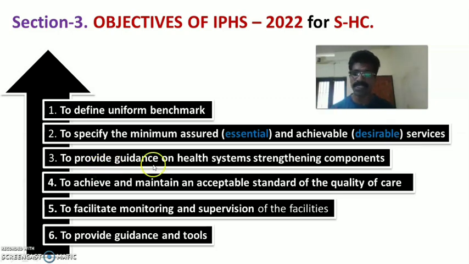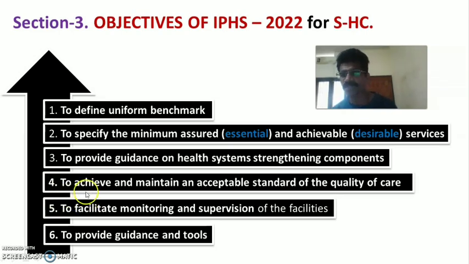Then the third objective is to provide guidance on health system strengthening components. It is intended to strengthen the health services through the health system. So it gives the guidelines and guidance to strengthen the health services by the health centers. Then the fourth objective is to achieve and maintain an acceptable standard of quality of care.